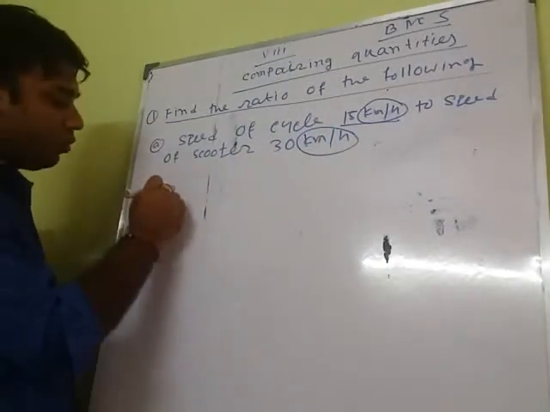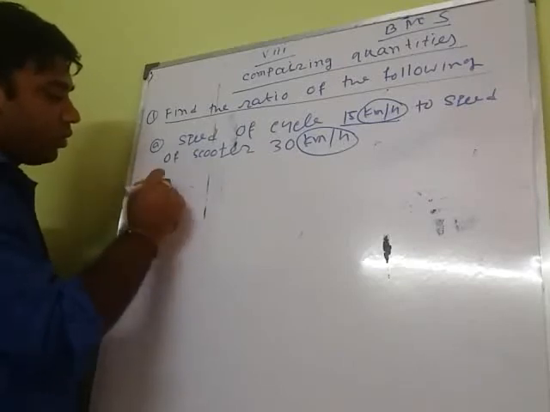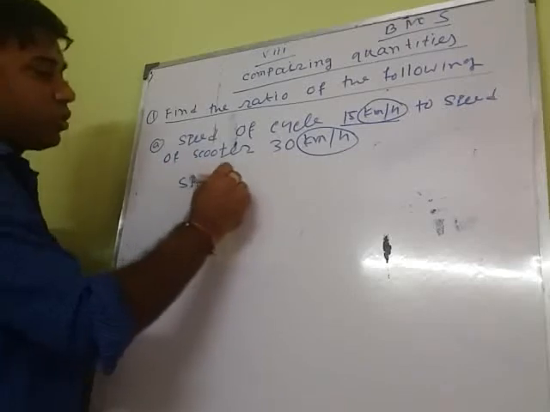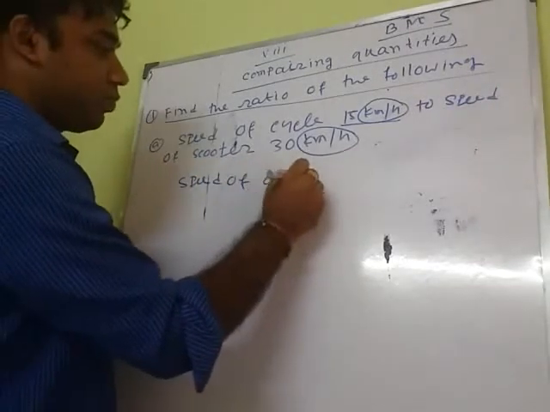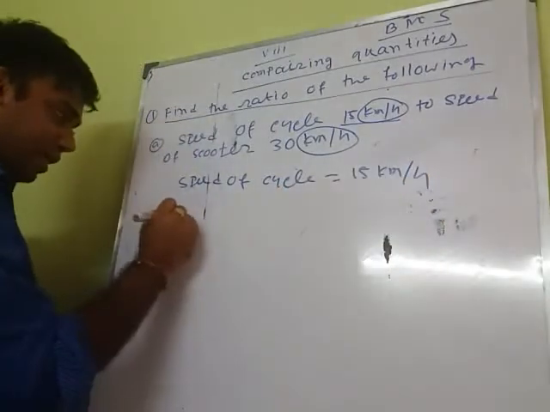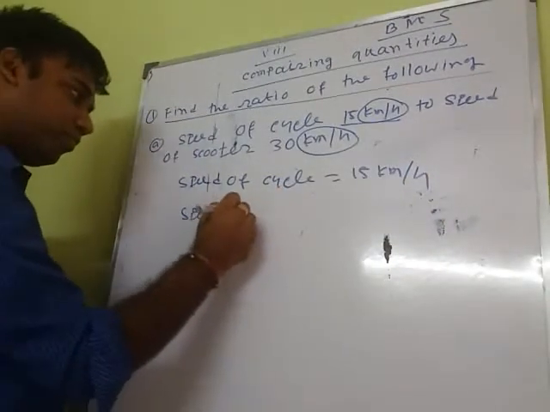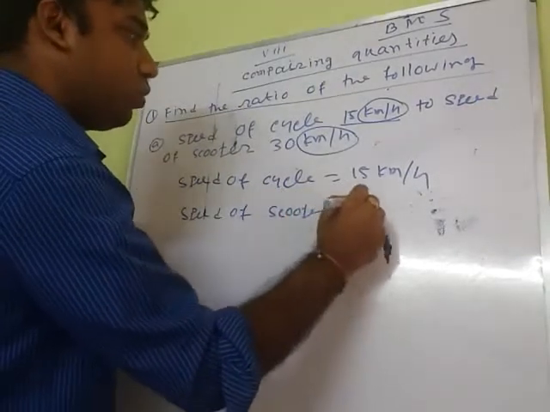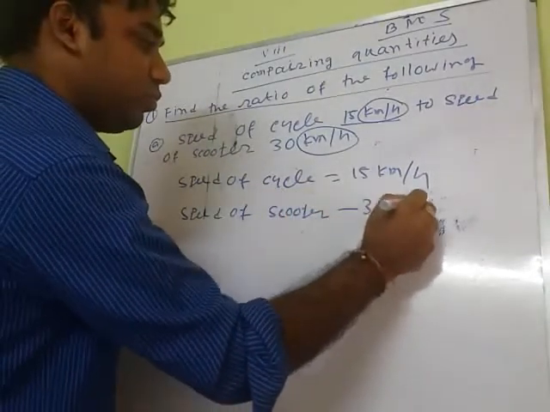So the speed of cycle is 15 kilometer per hour, and the speed of scooter is 30 kilometer per hour.